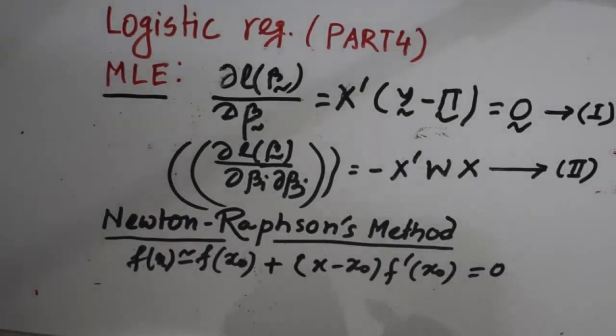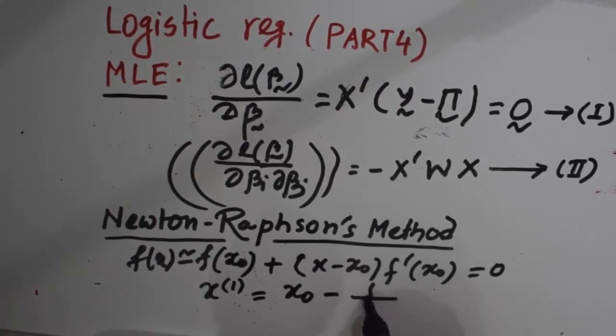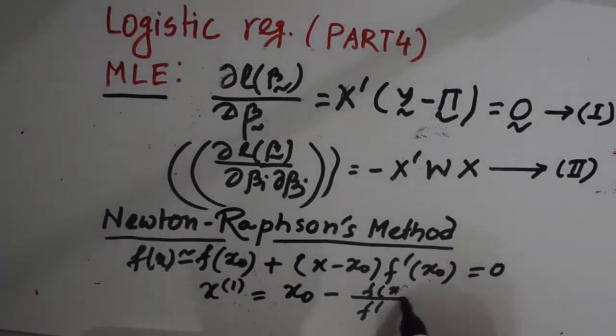And assume that f dash x exists at x naught, then the first approximation, we denote it x1, is equal to x naught minus f(x naught) by f dash x naught.